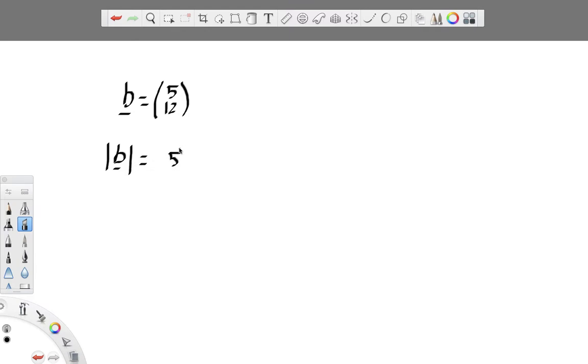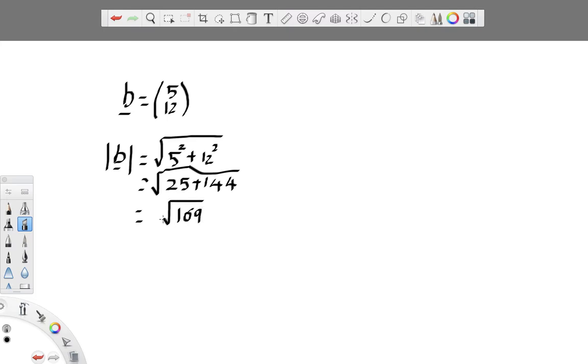Then it's 5 squared plus 12 squared, all square rooted. 5 squared is 25, 12 squared is 144, and then now we have the square root of 25 plus 144. 25 plus 144 is 169, so it's the square root of 169.